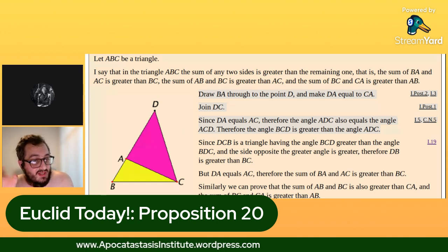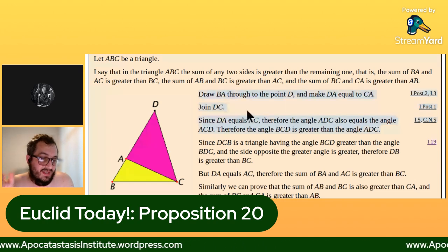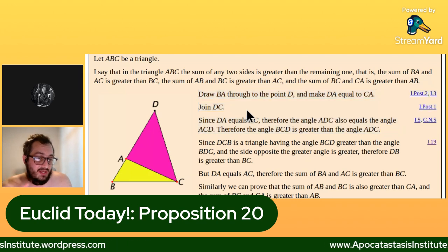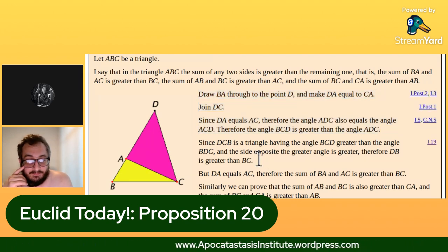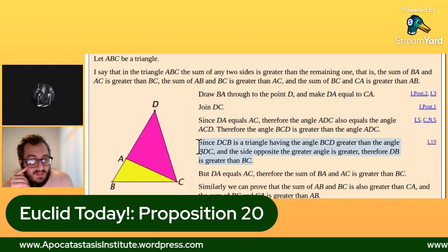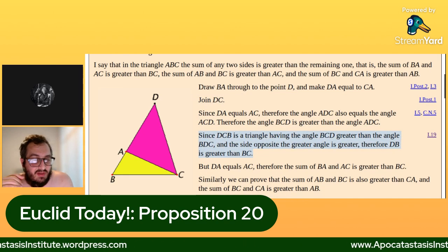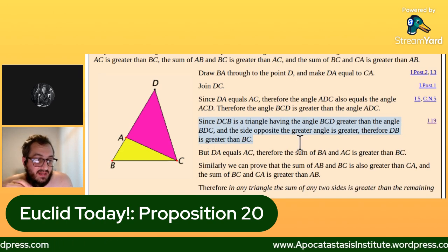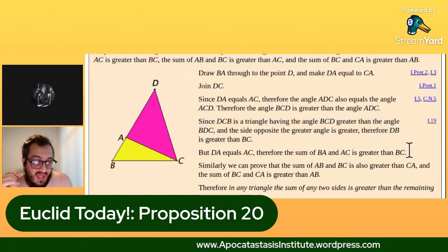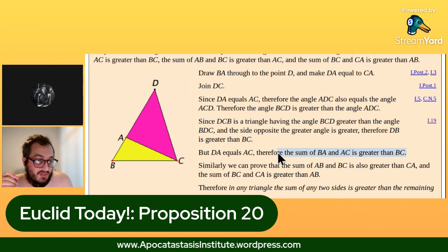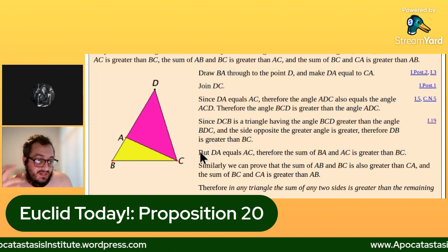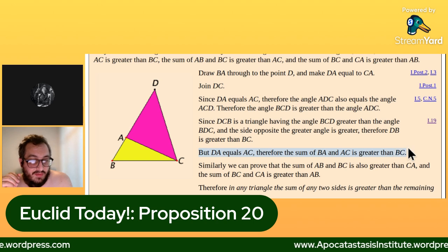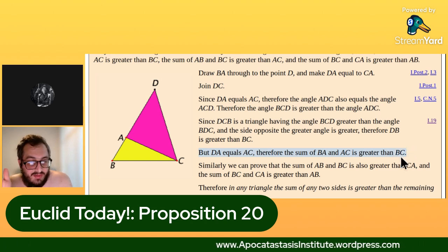Since BDC is smaller, BC has to be smaller than BD. That's very important. But since DA equals AC, if we take the sum of BA and AC, which is going to be BD, that is going to be greater than BC. And that's the core of the proof.